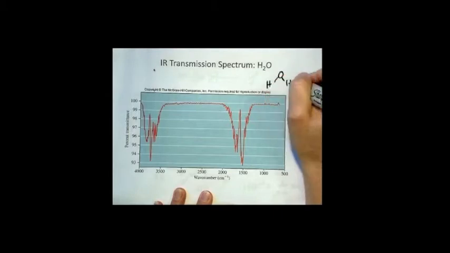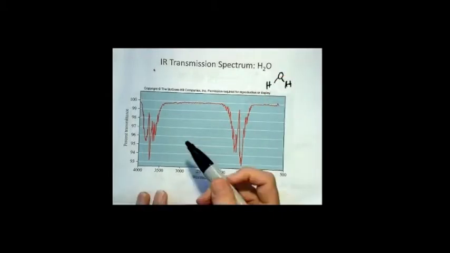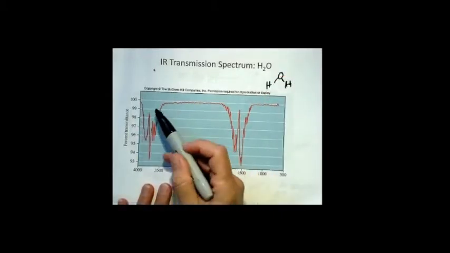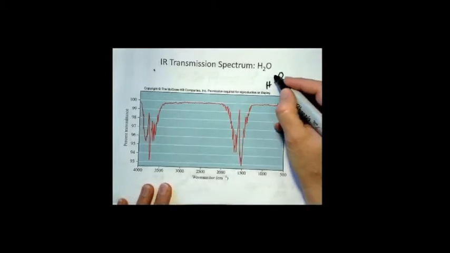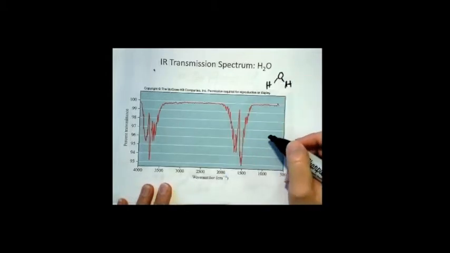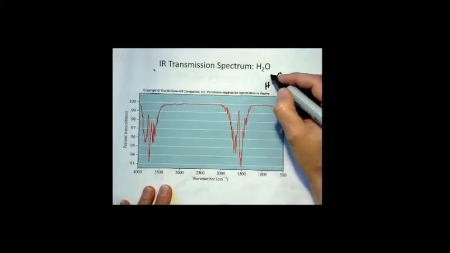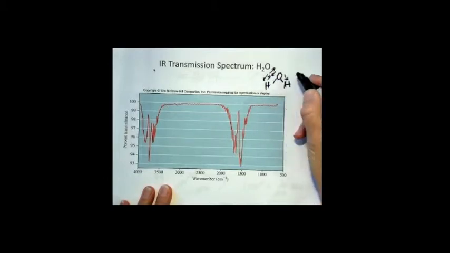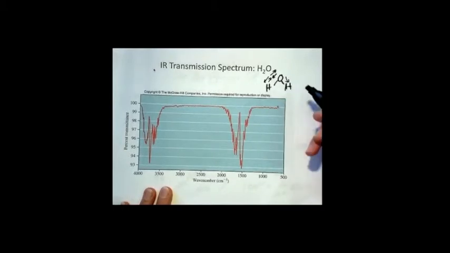Now water, of course, looks like this. So if you had to guess, would you think that this region up here is due to the stretching action or the bending action of the molecules? Remember, stretching is going to be some kind of a stretch, maybe this way and that way, and maybe this one's going in one direction. That would be an asymmetric type stretch.